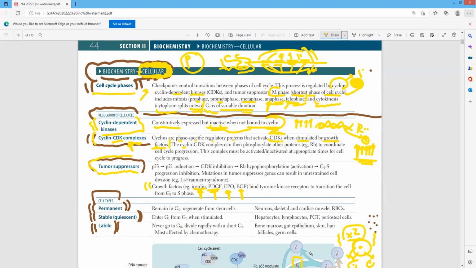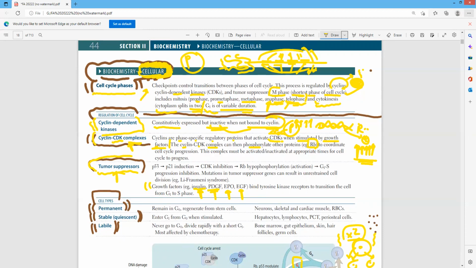Here, the cyclin-dependent kinase complex can then phosphorylate. So kinases phosphorylate other proteins. This protein we will talk about in tumor suppressors, that's called retinoblastoma.